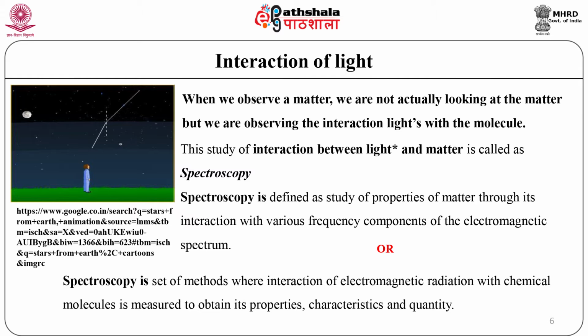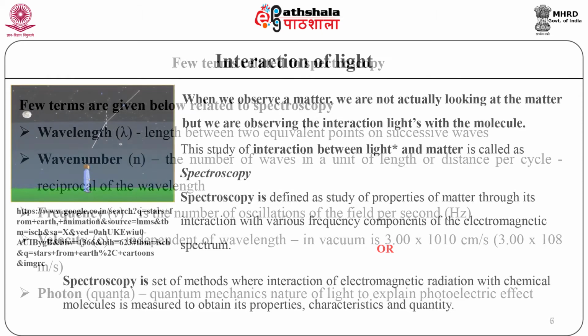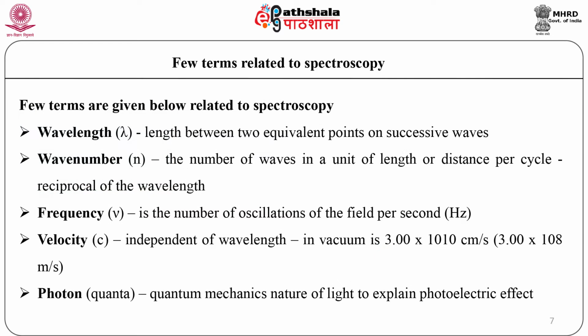Or, spectroscopy is a set of methods where the interaction of electromagnetic radiation with chemical molecules is measured to obtain their properties, characteristics and quantity. A few terms related to spectroscopy are wavelength, wave number, frequency, velocity and photon.